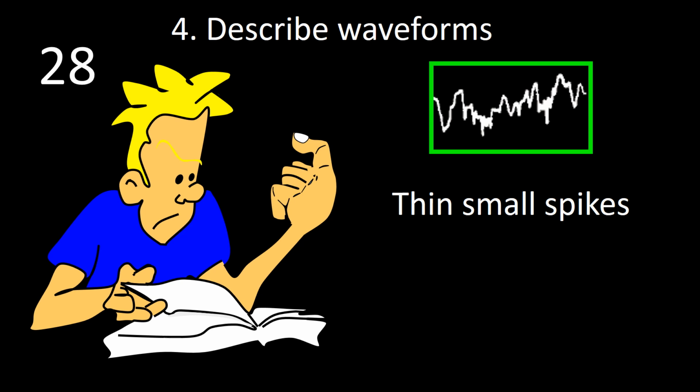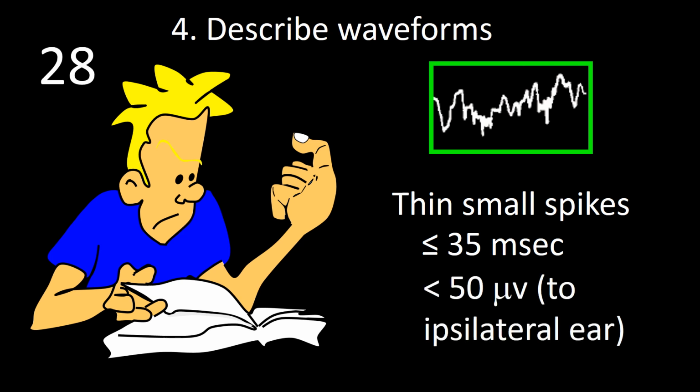The waveform consists of tiny spikes within a burst of 14 and 6 Hz positive activity. The tiny spikes last equal to or less than 35 milliseconds, and their amplitude is less than 50 microvolts when referred to the ipsilateral ear.